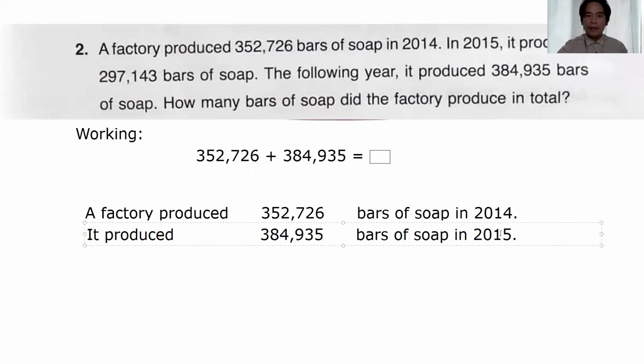Okay. Then after that, we are going to go to the third line. The third line is when we add, look at the question. How many bars of soap did the factory produce in total? So you can write the factory produced, or it produced, then space, and then let's add.